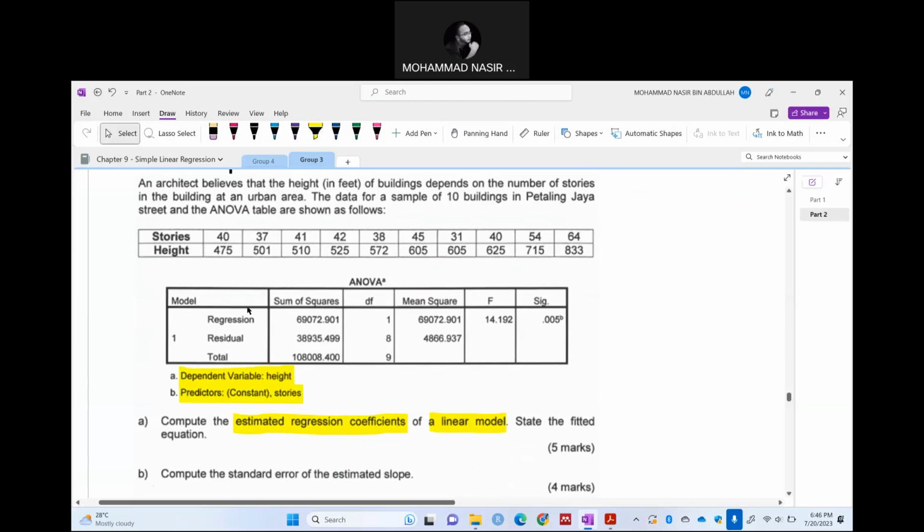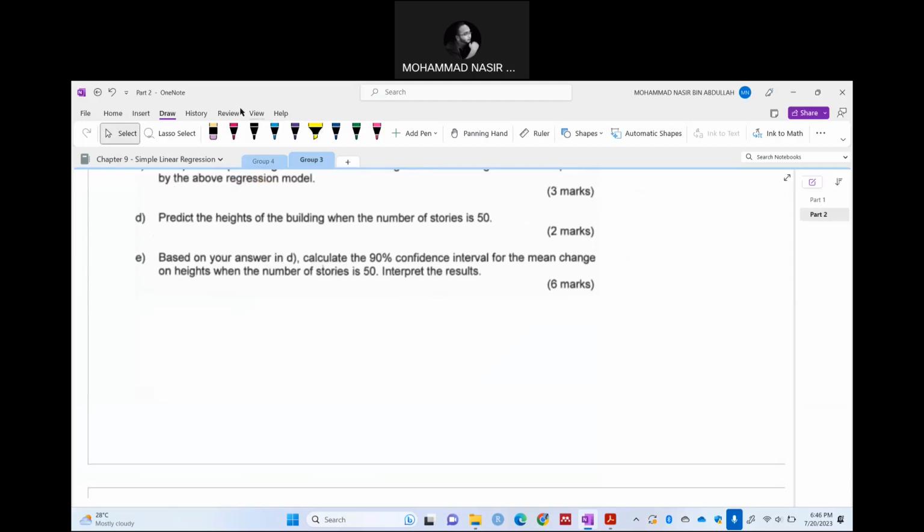So we need to calculate summation of x square, and so on, right? So y equal to beta naught plus beta 1 x. So beta 1 is equal to Sxy divided by Sxx, right?